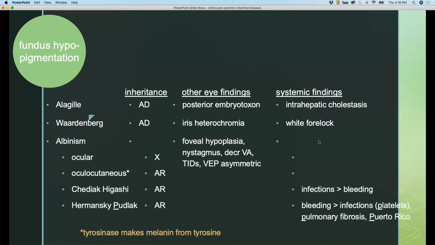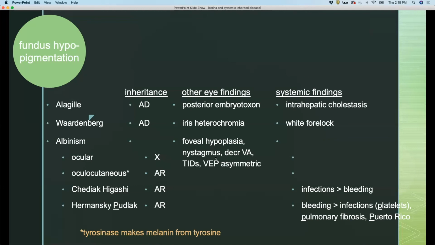They also have irregular pigmentation in the retina, where part of the choroid is more hypopigmented and the rest is more pigmented. I guess I've seen that. Should I be looking for Waardenburg syndrome though? I don't know. And for Alagille, the whole fundus is hypopigmented.